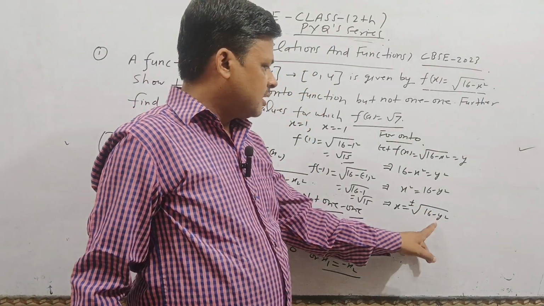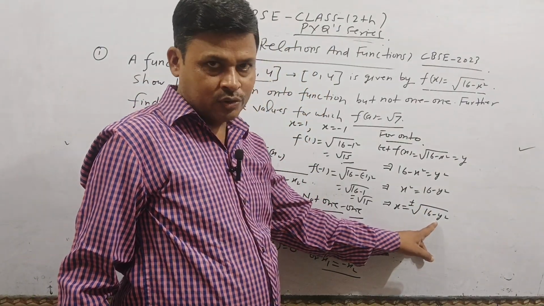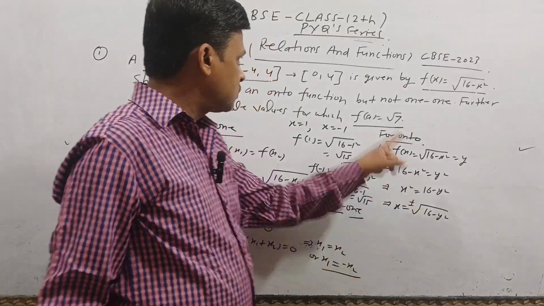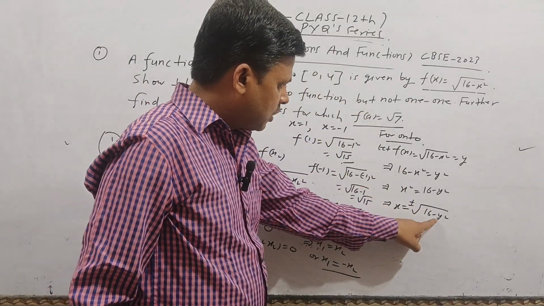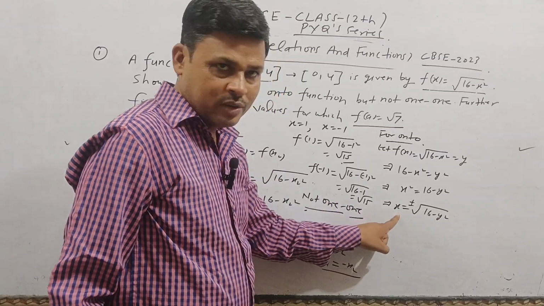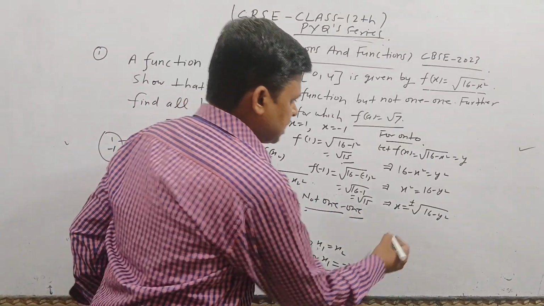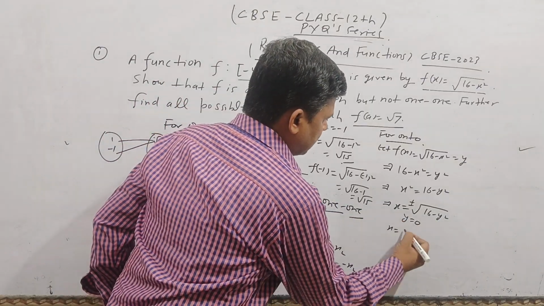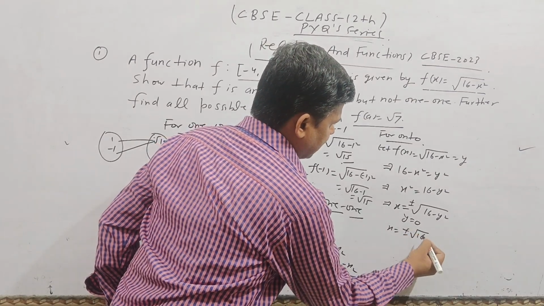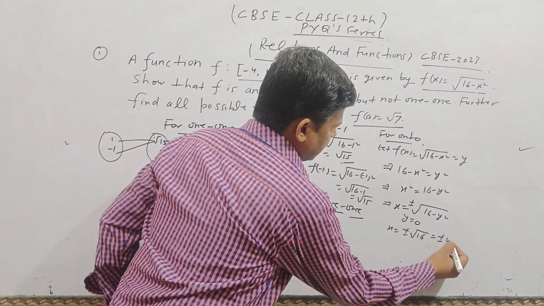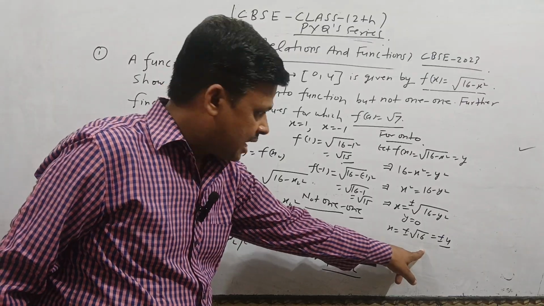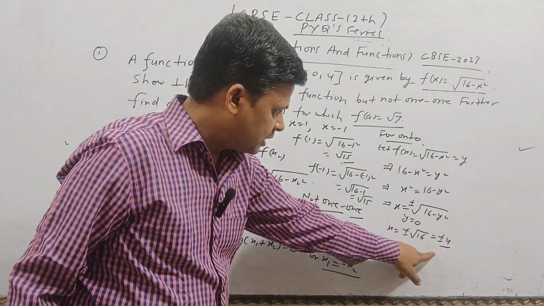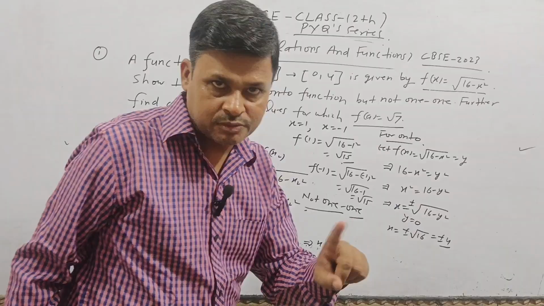So what is y? y belongs to this codomain. If you take the value of y as 0, what will happen? You will get x is equal to plus minus 4. If we take y is equal to 0, then we will get x is equal to plus minus root 16, and it is plus minus 4. So minus 4 is the minimum and plus 4 is the maximum value.